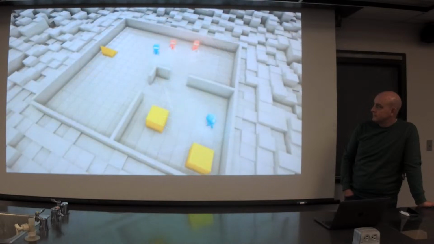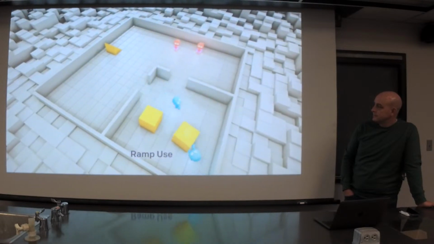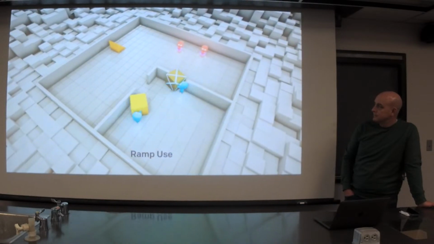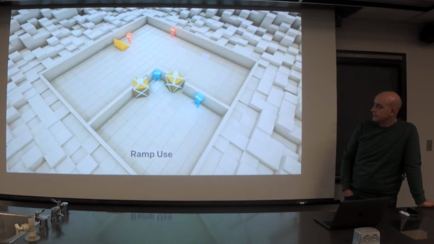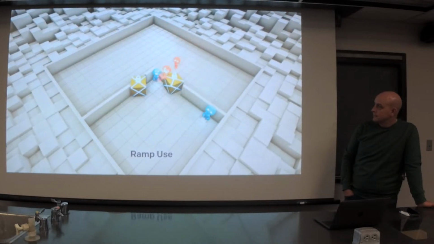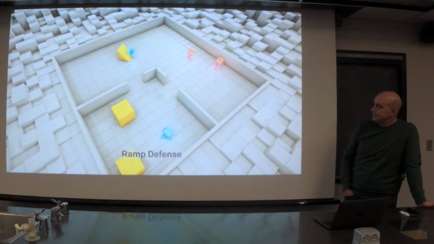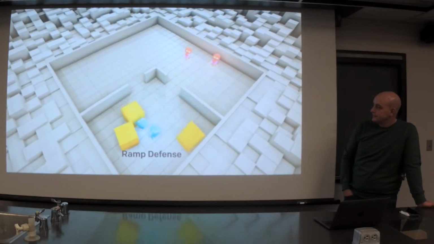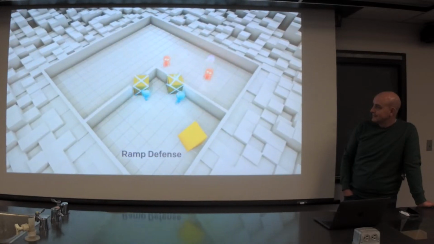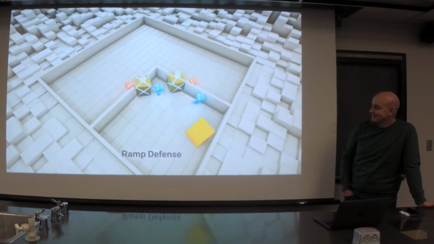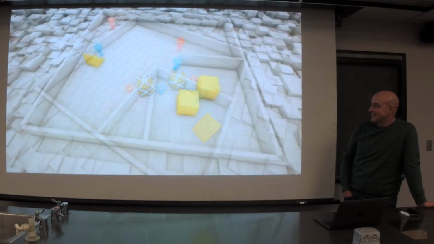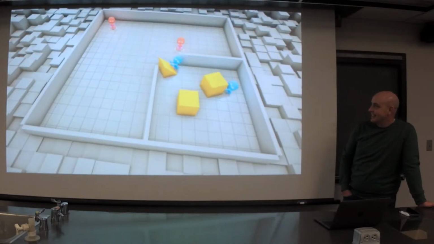The hiders are not the only ones who can learn to use tools. After many generations of failing to break into the shelter, the seekers learn to jump over obstacles using ramps. However, after many millions of rounds of having their shelter breached, the hiders learn to take away the primary tool the seekers have at their disposal. Note that we did not explicitly incentivize any of these behaviors.